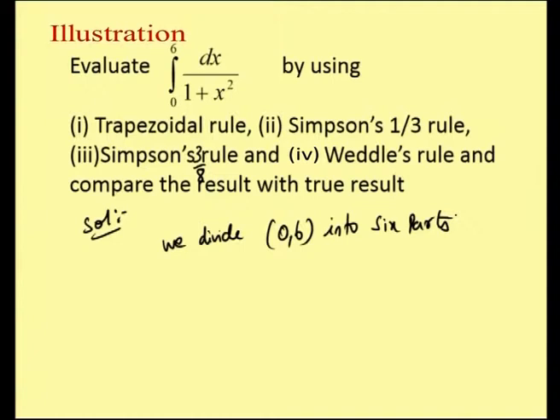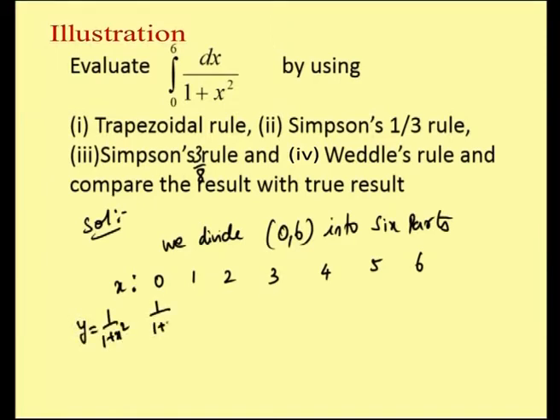So, it is divided into 6 parts as 0, 1, 2, 3, 4, 5 and 6. The number of intervals is 6, the number of given items is 7, and f of x or y is equal to 1 by 1 plus x squared.